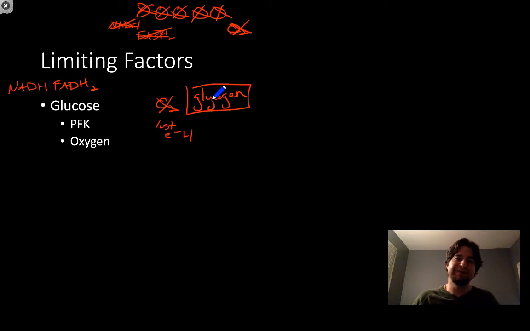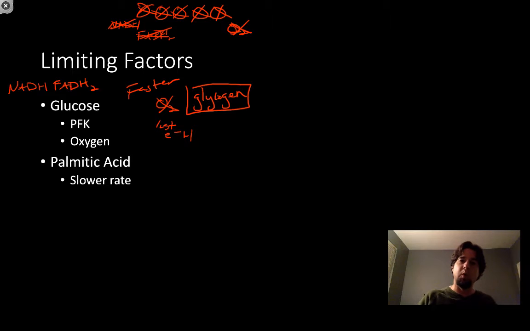Glycogen storages are limited. Palmitic acid isn't exactly a walk in the park either, because it's super slow. It takes a long time to get from where it's stored, to travel through the blood, to get to the working tissues.